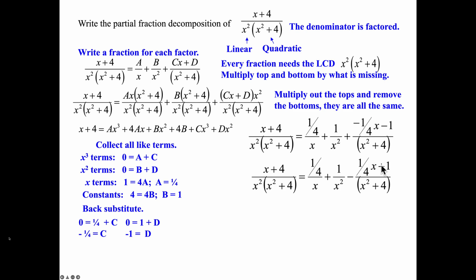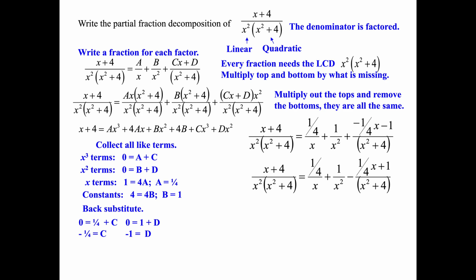It's six of one, half a dozen of the other. It doesn't matter to me. I've also seen books who don't like to have fractions in the numerator, so they'll take this 4 and move it down to the denominator. And over here, they'll take this 4, move it into the denominator, but then you have to change the 1 to 4 over 4 so we can move the factor of 4 to the bottom. I've seen that done as well.